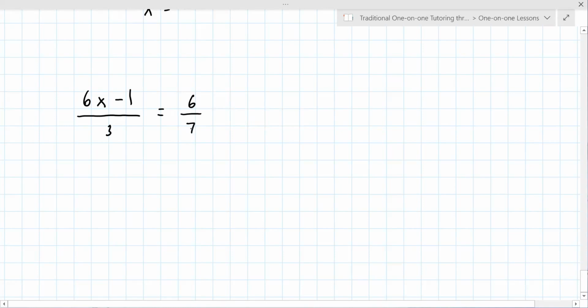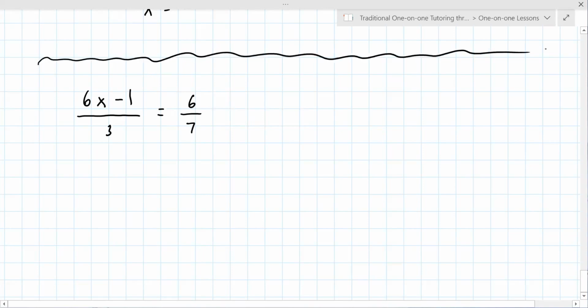We'll make this really tough. Okay. Based on what you know, what would be your first step here? Make both of the denominators be 21.